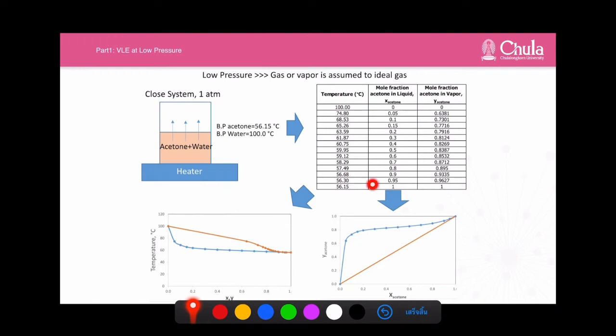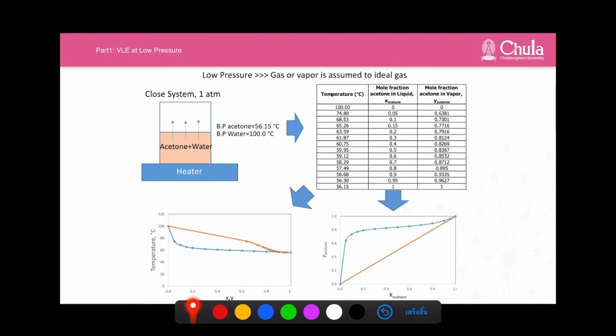By using this data, we can plot a relationship between the mole fraction of acetone in liquid phase, or x acetone, and y acetone, or the mole fraction of acetone in vapor phase.